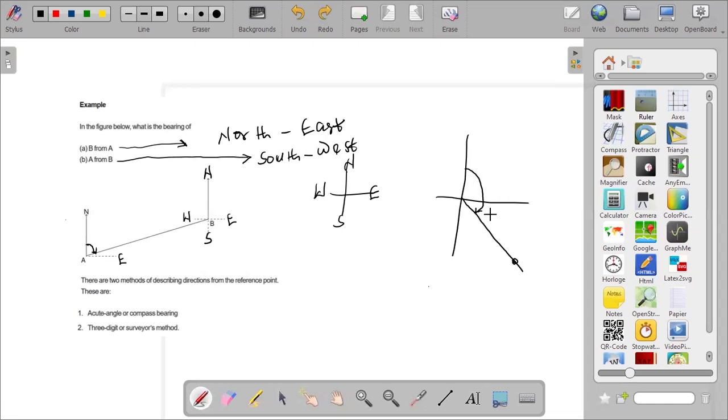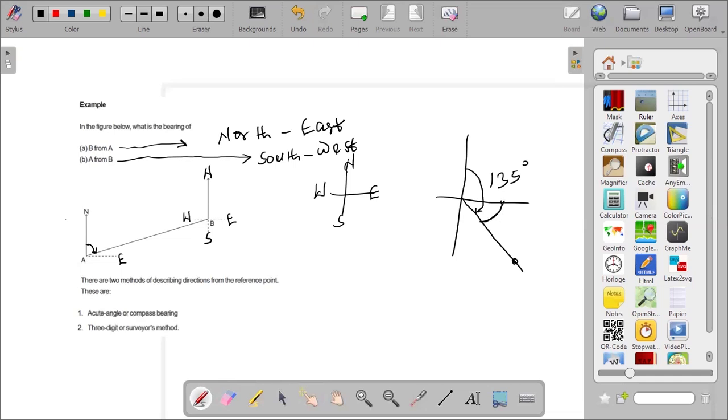So 90 plus 45, that is 135. So you can write the bearing as 135 degree in terms of three-digit bearing. But for compass bearing or acute angle bearing, we are not going to write it that way.